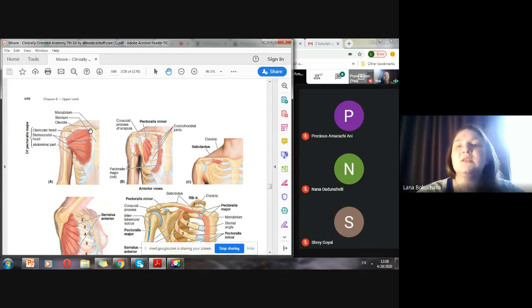Now the question is, if we do have two heads, then it means that we may have a particular action when we have alone the contraction of the clavicular head or the sternocostal head here, yes?